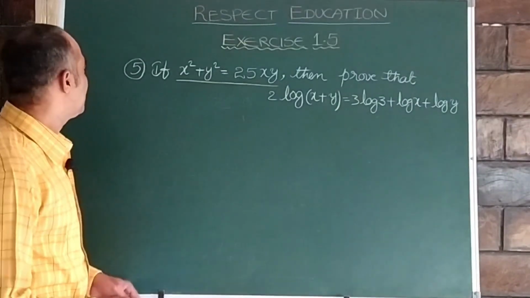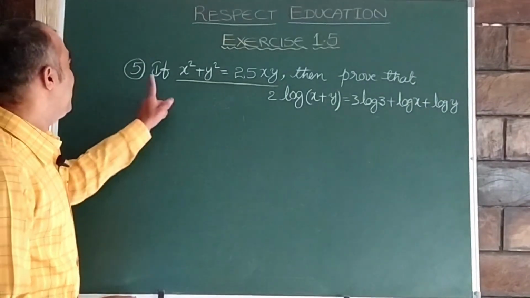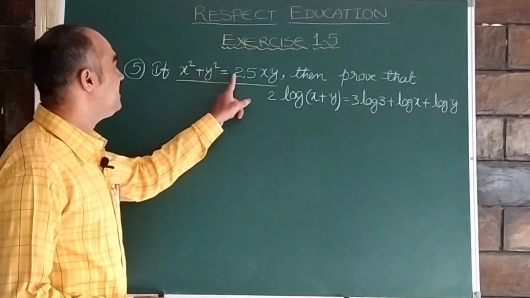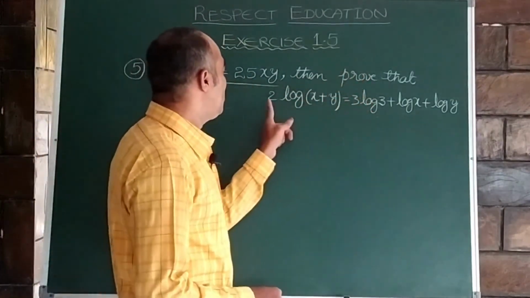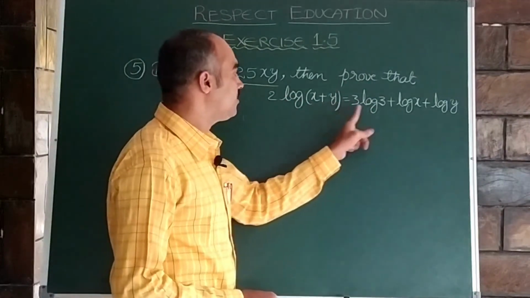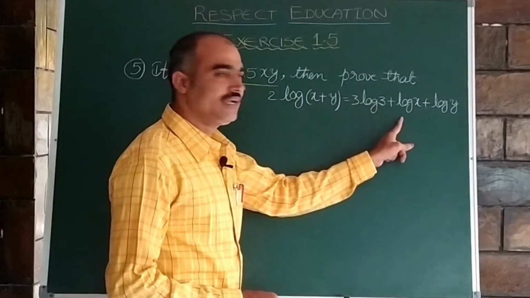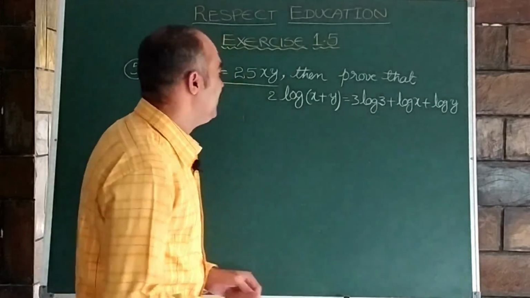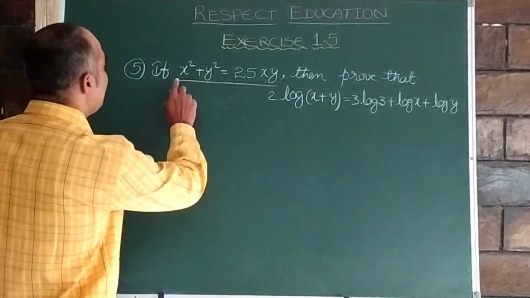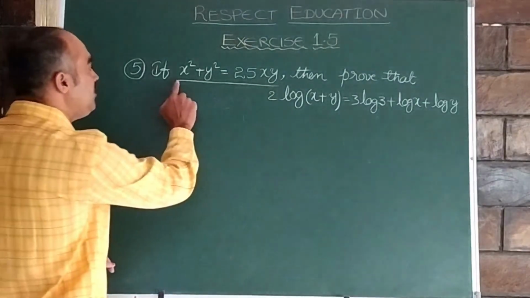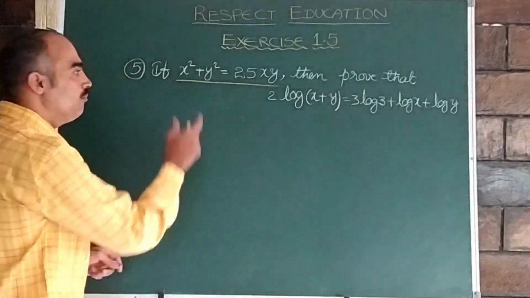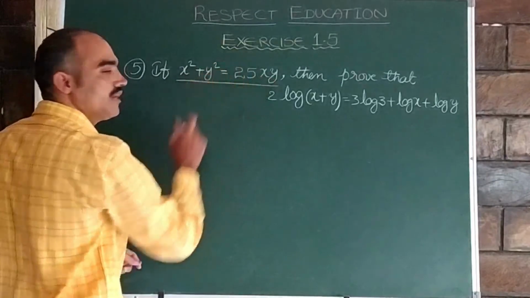Now let us see the next question, question number 5. If x square plus y square is equal to 25xy, then prove that 2 log of x plus y equals 3 log 3 plus log x plus log y. Here, children, whenever the if condition is given, we can use it completely, both LHS as well as RHS.